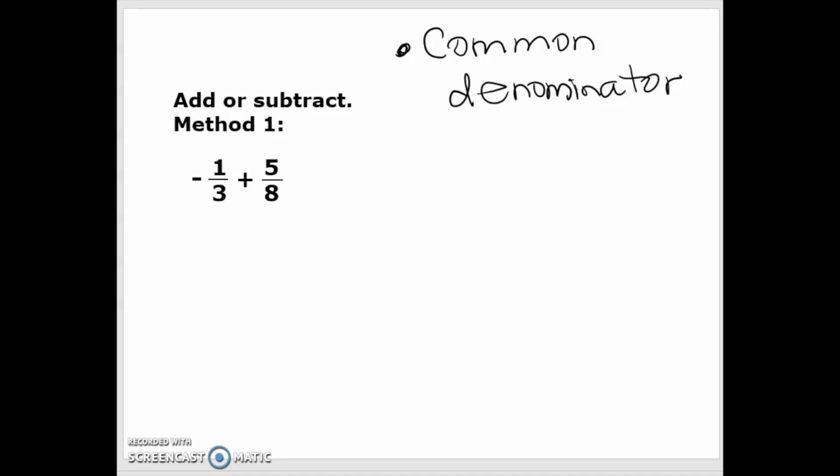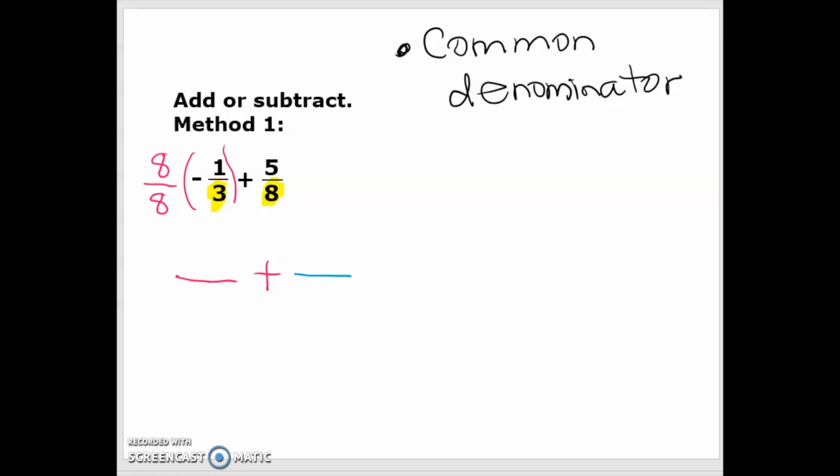So for this strategy, I'm looking at the denominators, and I'm going to find that common denominator by multiplying them together. So I'm going to get my two new fractions by multiplying them together, 3 times 8. So my first fraction, again, whatever I do to the denominator, I have to do the same thing to the numerator. So I'm going to multiply this by 8/8.